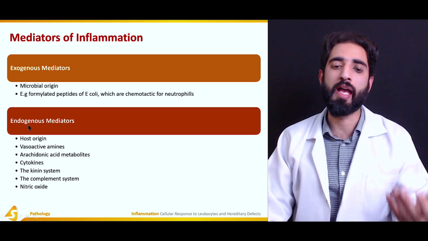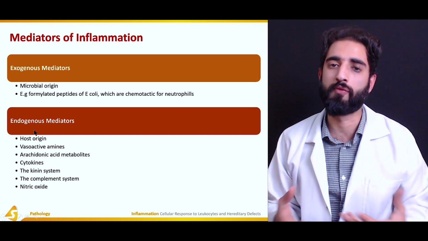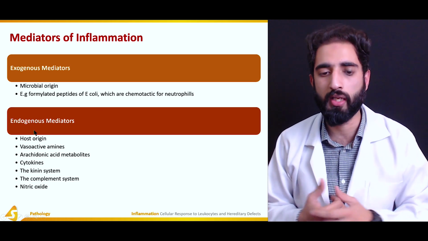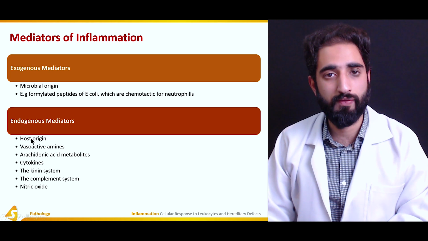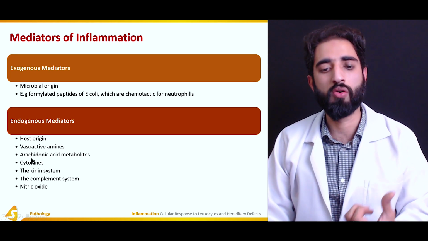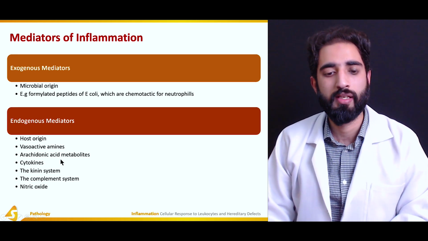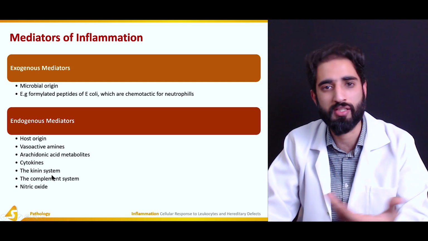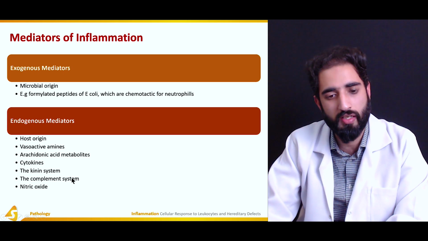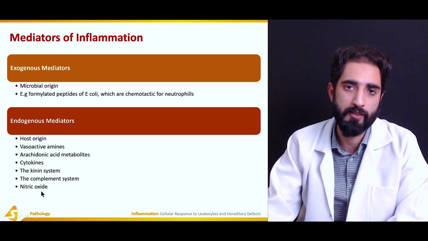The second is the endogenous mediators, for which the source is our own body. So it can be of host origin, such as the vasoactive amines, the arachidonic acid metabolites, cytokines, the kinin system, the complement system such as C5a and C3a, etc., and nitric oxide.